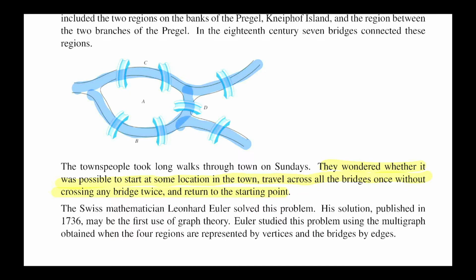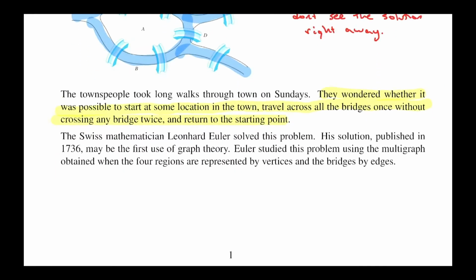So we try it, and I don't see a solution right away. But just because I don't see a solution, that doesn't mean it's not solvable. It just could mean that I'm bad at this. So we try it again.